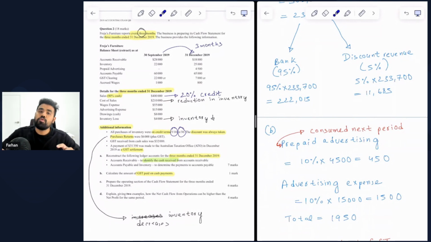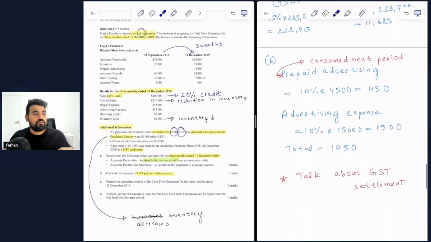However, a lot of students I've tutored seem to be confused with something, which is the GST settlement. So you can see the last line of the additional information also talks about a payment of $31,350 made to the ATO in December as a GST settlement. Now, this GST settlement refers to the obligation that we had towards the ATO that we had to take care of.